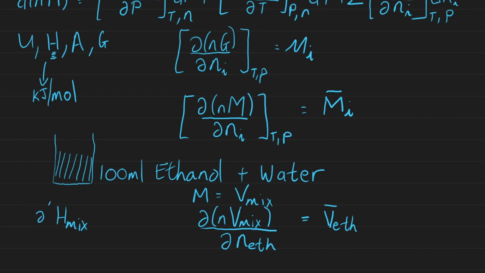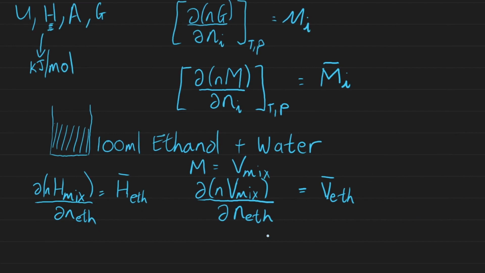So dH of this mixture over dn of ethanol is equal to the partial molar enthalpy of ethanol. So that's what we are saying. And in the same way, we also have a partial molar enthalpy of water. So just as this is for ethanol, we'll also have it for water.